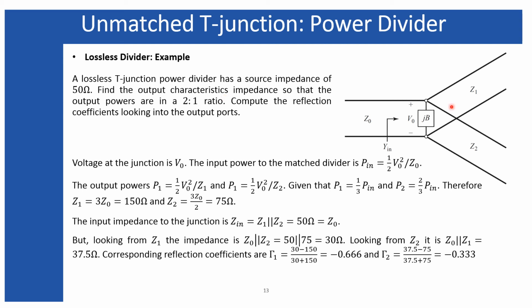But when you have made a T junction with two of its ports unmatched and one of its ports matched, we can have a power divider, where the power can be divided equally or differently depending upon Z1 and Z2. So in this way we can design a T junction power divider for a lossless network. The next case I will consider is the T junction power divider for the lossy network.